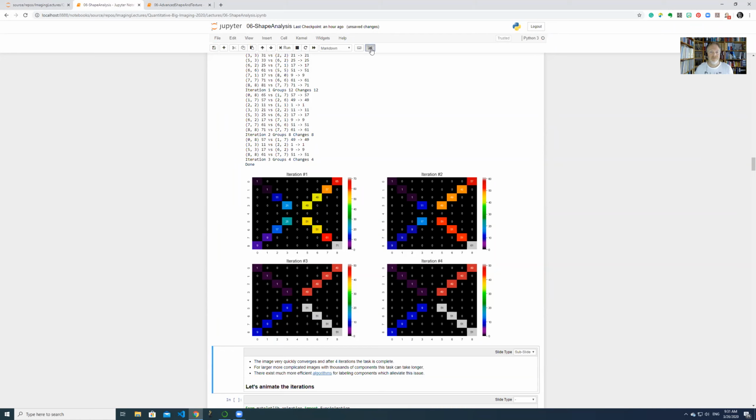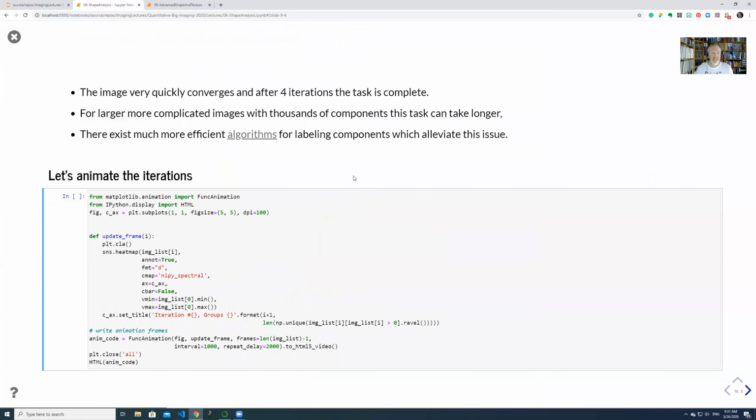Let's go on to the slides again. So we can do a little bit of animation. There are, of course, a lot more efficient algorithms. Some algorithms do a forward and a backward sweep of the image, and then they actually have all the labels. Other ones do more like a brush fire.